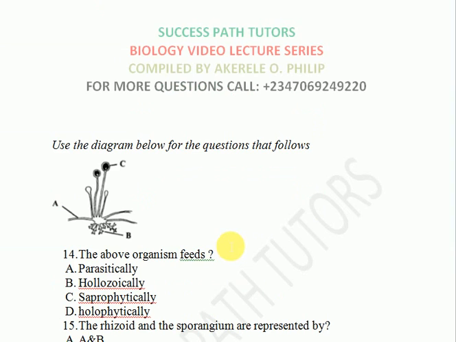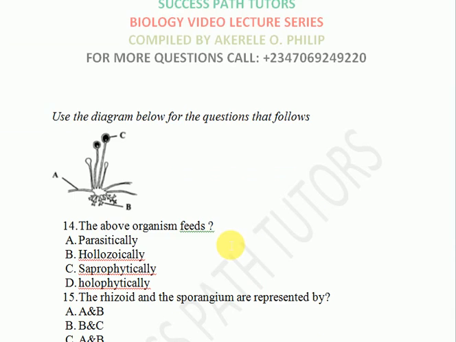Use the diagram below for the questions that follow. The organism feeds how? Before we do that, what is this organism called? This is rhizopus that belongs to division Zygomycota under kingdom fungi.